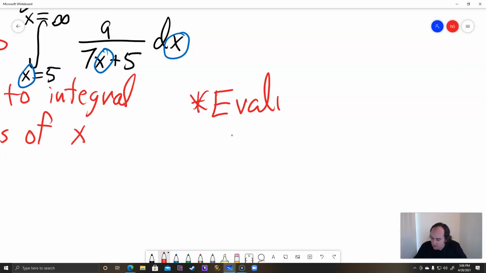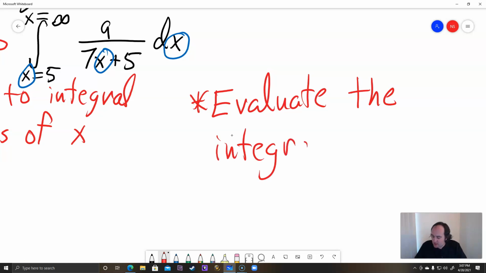Okay, so evaluate the integral. And this is an improper integral, just like the ones we did earlier in our course. And to do this one, we want to use u substitution. So here we're going to let u be the inside of the composite function.